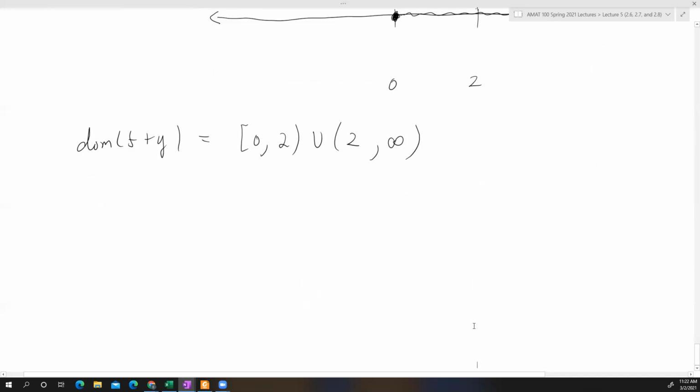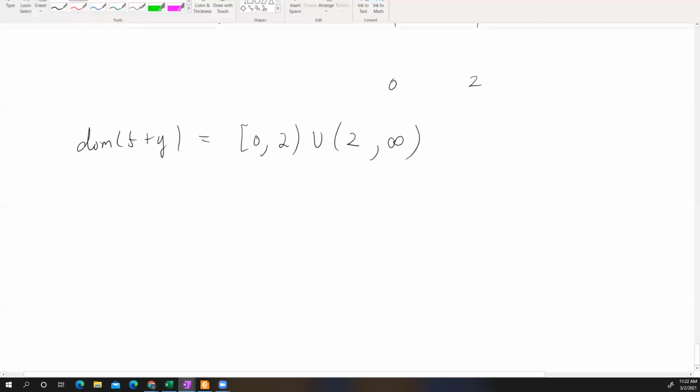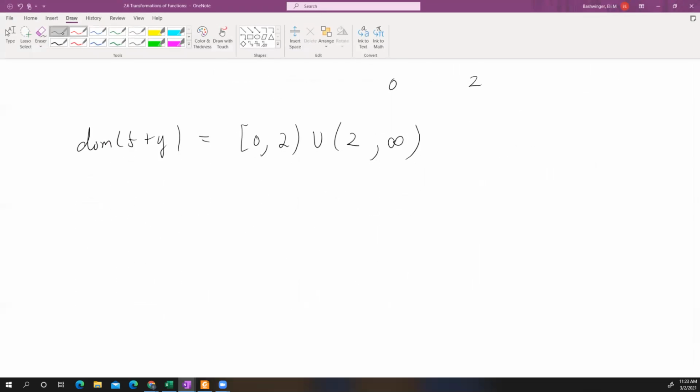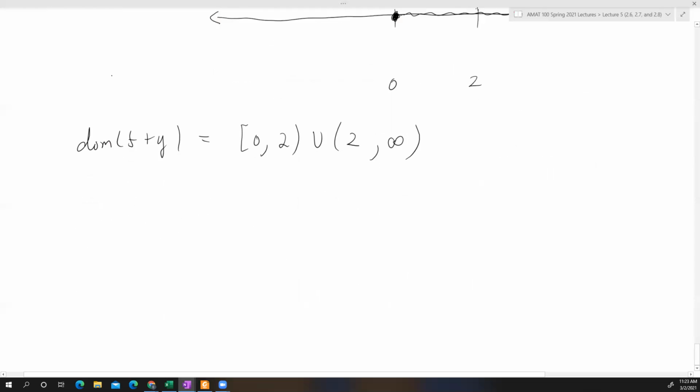Subtraction is pretty trivial too. You can subtract f minus g. I'm not going to do that. Multiplying the two functions is not as trivial. I'll write down the multiplication. What's the product of these two functions? The domain is going to be the same. If you look back at the table I drew above, all the domains are the same. The only difference in domain between these functions comes about when you look at the division of them.